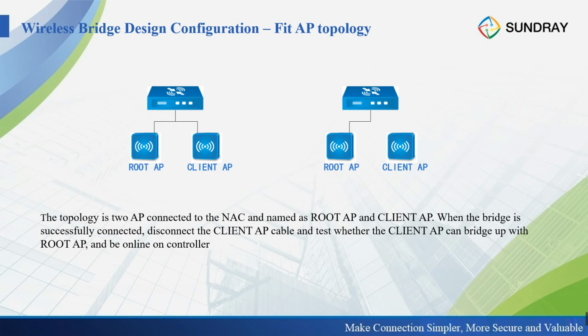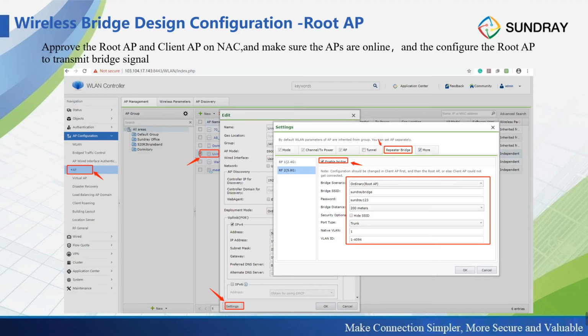In the root AP, we configure the username, SSID and password, and the client the same. And then we remove the client AP's wire connection, and check if this client AP can come online through the wireless. If it can come online, that means the wireless configuration is correct.